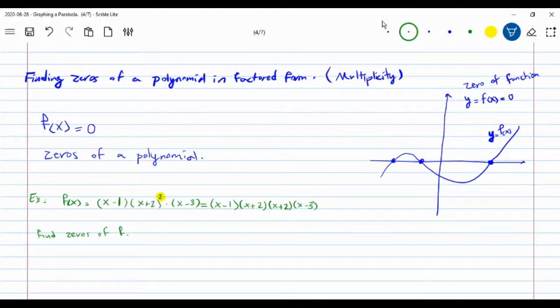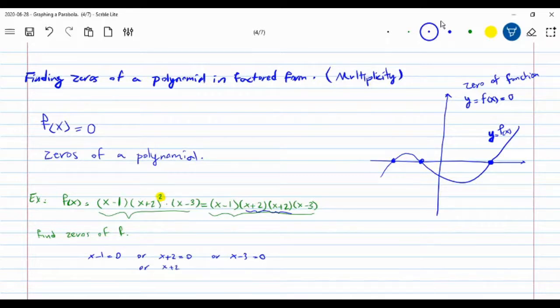If this polynomial is 0, that means the product is 0. So either x minus 1 is 0, or x plus 2 is 0, or x minus 3 is 0. You do not need to say x plus 2 is 0 again. You already have found the solution, so it's not necessary to rewrite x plus 2 twice.